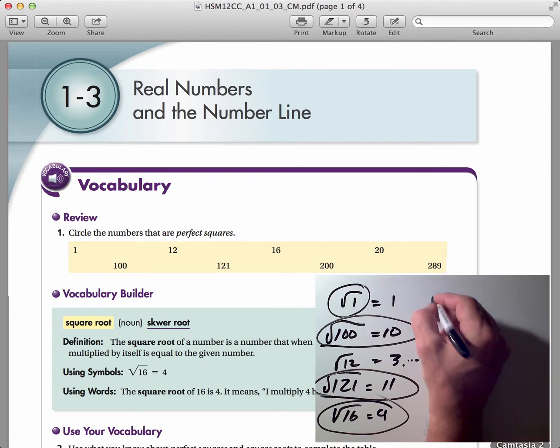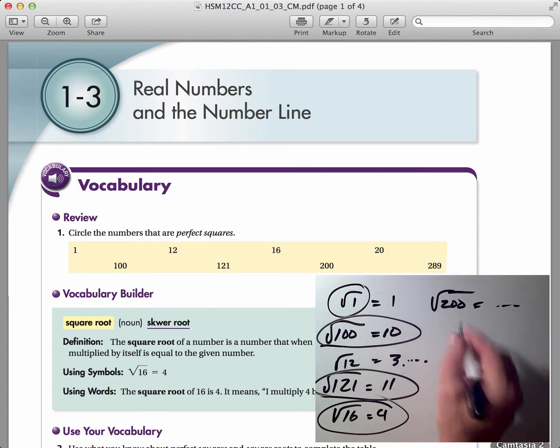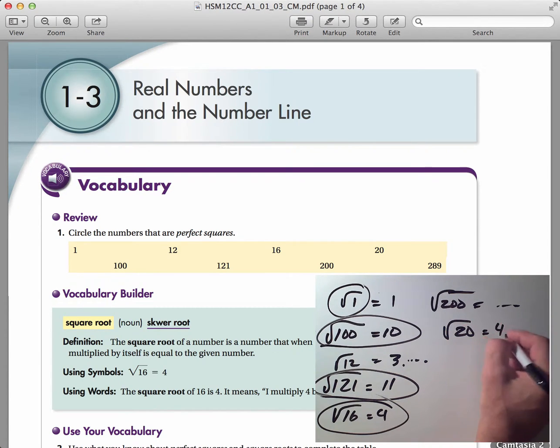The square root of 200 is going to come out to some number with decimals, so that's not a perfect square. The square root of 20 is 4 point something decimals, so that's not a perfect square. And the square root of 289 is 17. You've just found all your numbers.